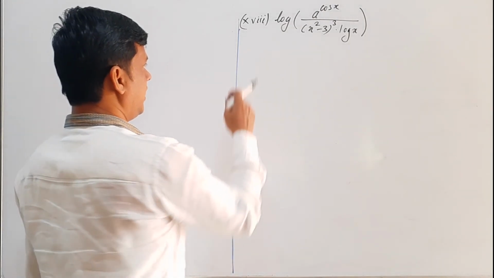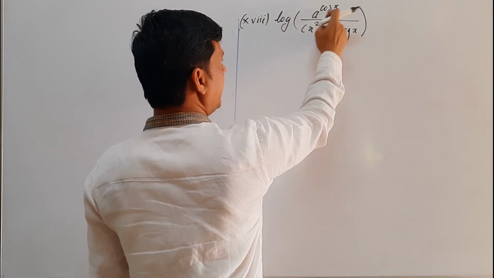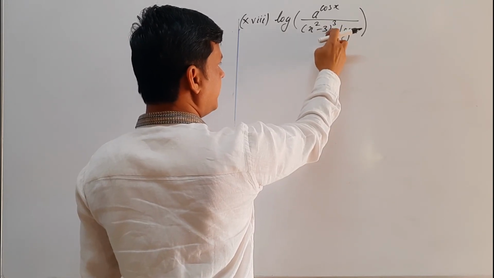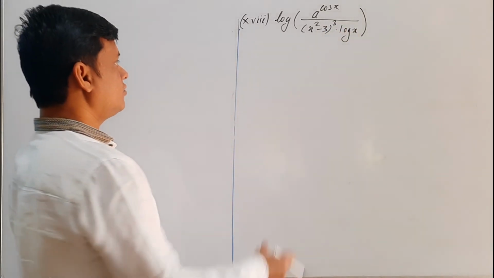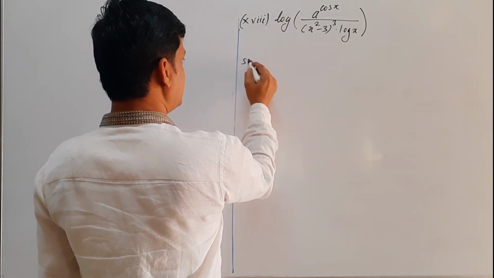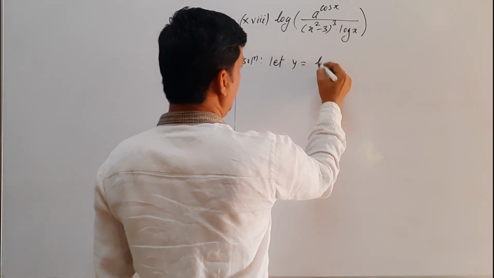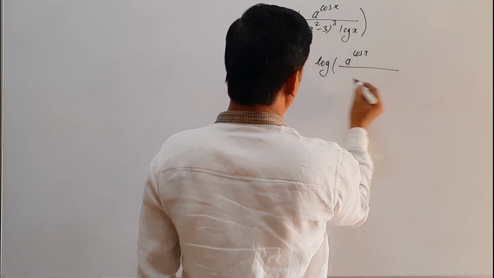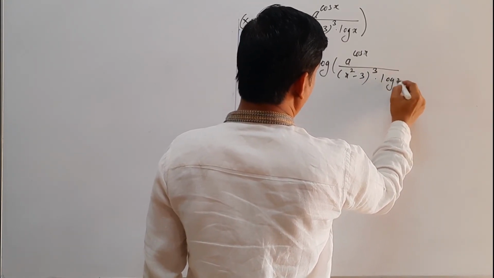Now see next subquestion 18. Log of a raised to the power cos x upon (x square minus 3) bracket raised to the power 3 into log of x. So here first we write given function as y. So write let y is equals to log of a raised to the power cos x upon (x square minus 3) bracket cube into log x.